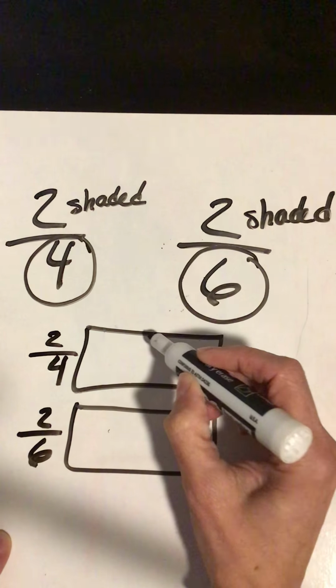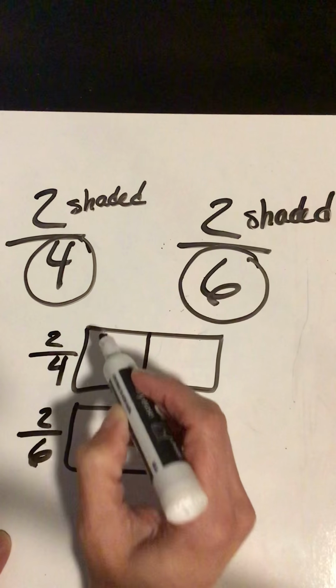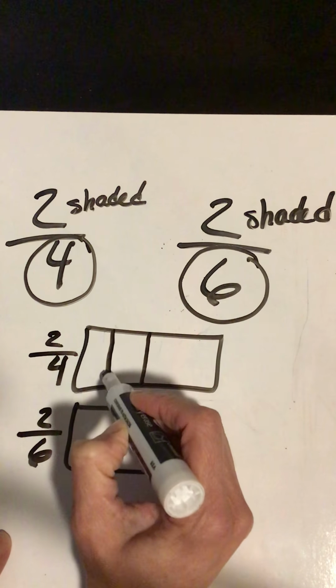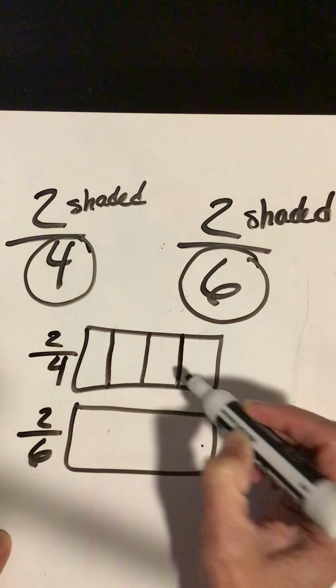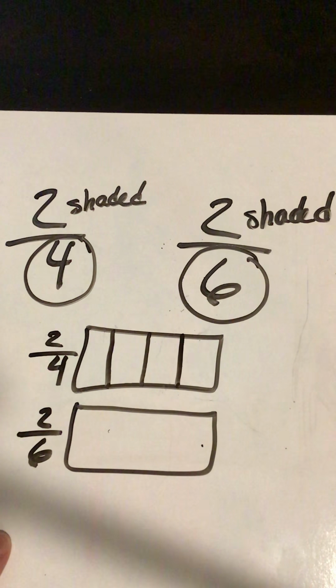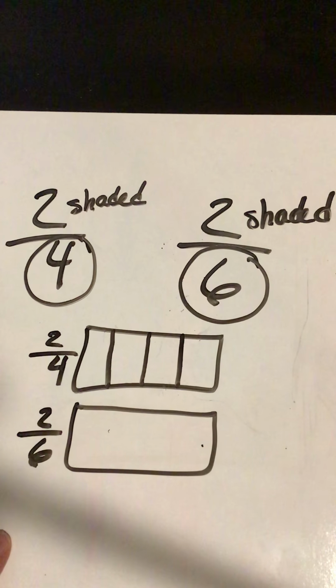So here I know that I can divide it in half for fourths, and then again, and that looks pretty equal, or about as equal as it's going to be. But for sixths, I can't do it in half because it won't come out correctly.